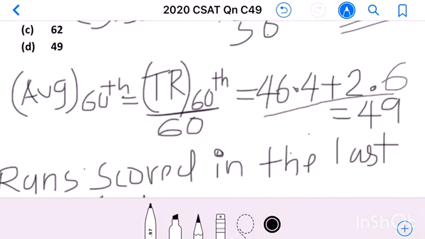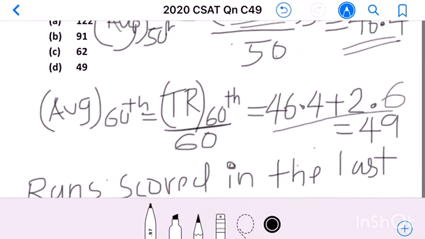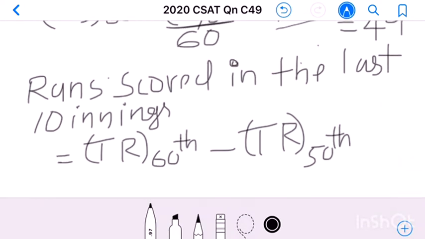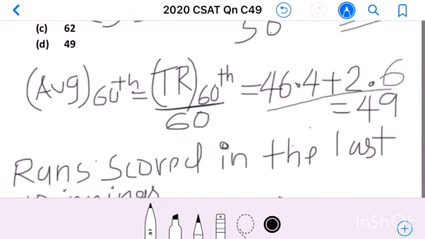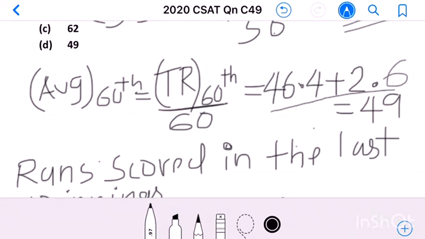So for that, runs scored in the last 10 innings equal total runs after 60th innings minus total runs after 50th innings. So how do we find total runs after 60th innings? See here, total runs after 60th innings divided by 60, we get 49 as average.